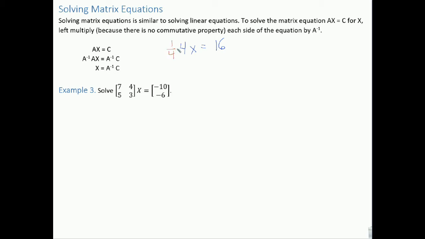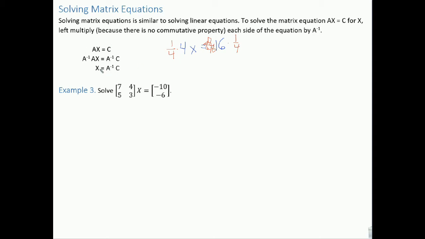Now, the actual proper way to solve it is to multiply 1/4 on the left side of this blue part. I'm talking about just the left side of the equation, and it's called a left multiplication, so 1/4 on the left of 4, and I should do a 1/4 on the left of 16. We don't have to do that when we're solving linear equations because multiplication is commutative, and we can switch the order, and we could have just written the 1/4 out here.